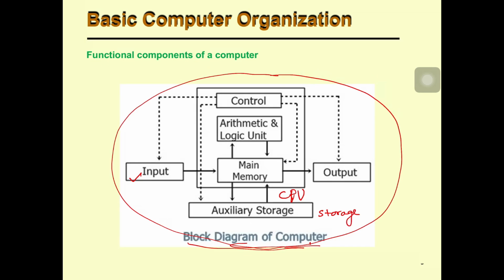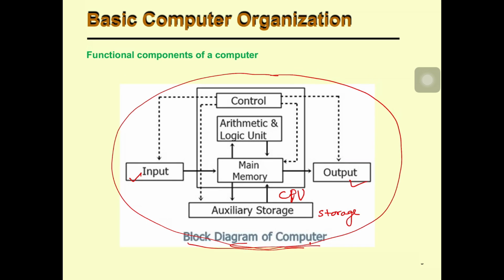Okay. Now this one, I already told you that computer is the dumb machine without the input. We have to provide the input to the computer. Okay. If we didn't give any input through the keyboard or through the mouse or any other device, then computer will do nothing.